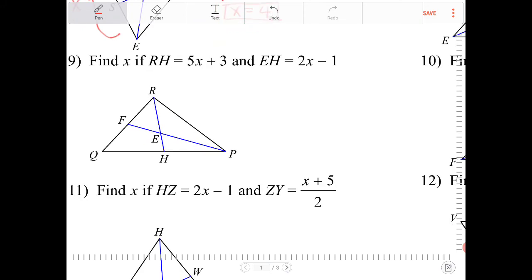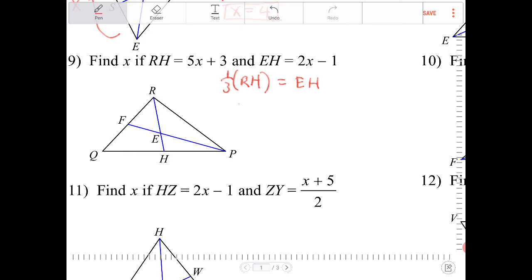Find x if RH is equal to 5x plus 3. So RH is the entire length of the median. EH is going to be 1/3 of the median. So 1/3 of the entire median will equal EH.